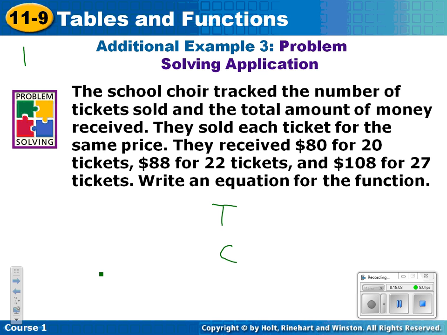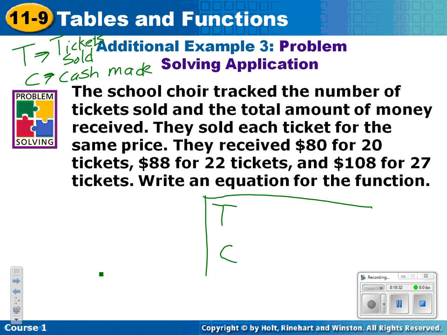I'm going to say that T is tickets sold, and C is cash made. I'm telling you, that's what it represents. T is tickets sold, C is cash made.